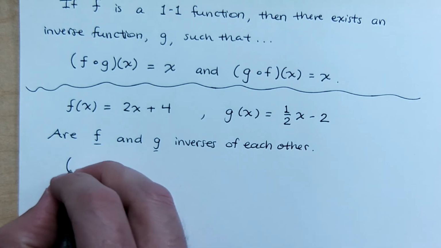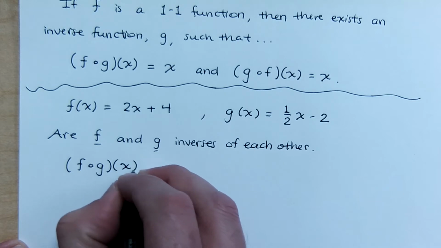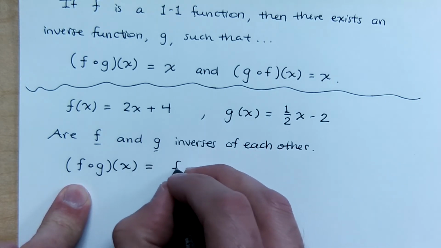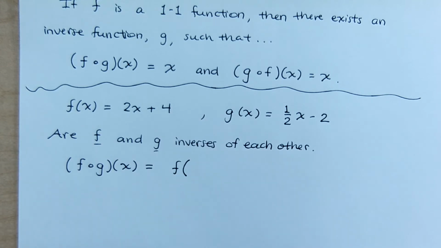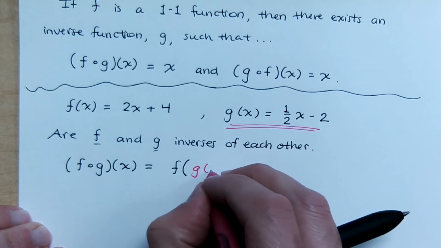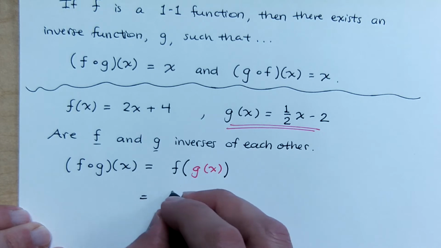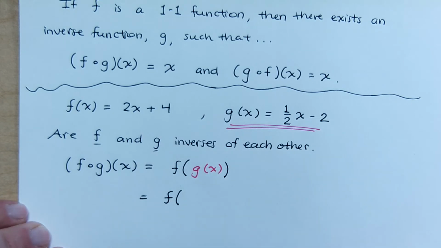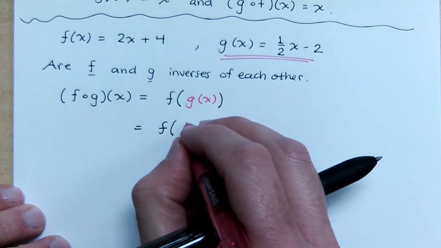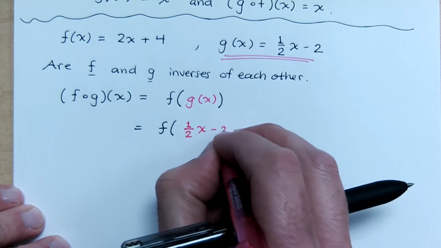So what we're going to do is do each of these function compositions so you can see what this looks like algebraically. So I'm going to do f of g of x. This means I'm going to be replacing all of the x's in my original f function with g of x, and g of x is 1/2 x minus 2.